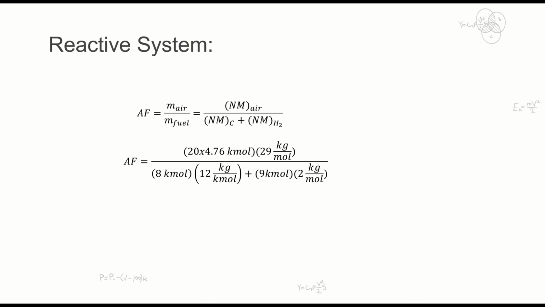By putting it in our calculator, we now have the value of our air-fuel ratio, which is 24.2 kilograms of air per kilogram of fuel. So we now have the air-fuel ratio and the mole numbers of the gases. This is the end of our tutorial. Thank you for listening. God bless everyone.